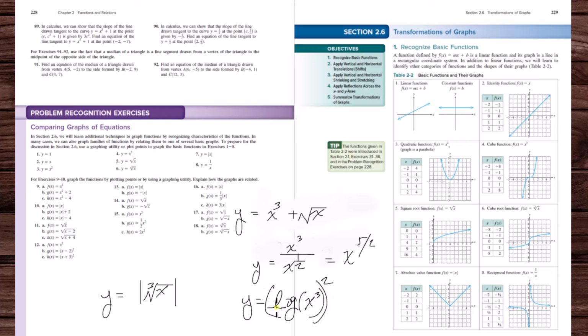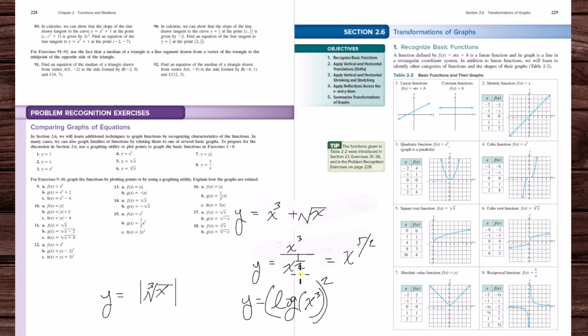So this is a cubic contained within a logarithm, and all of that is contained within a square, a quadratic. That's how you have to look at it.